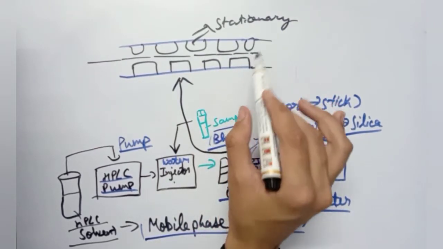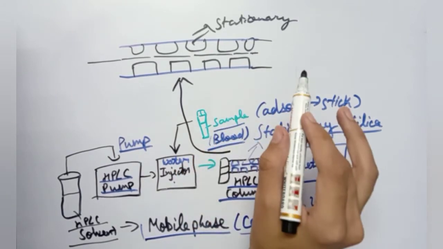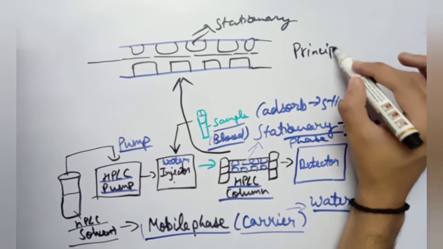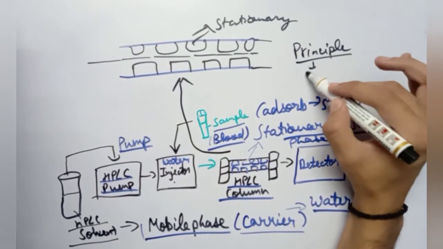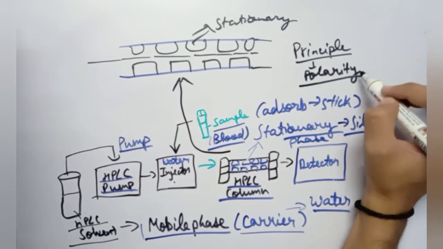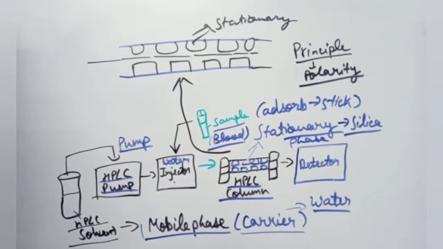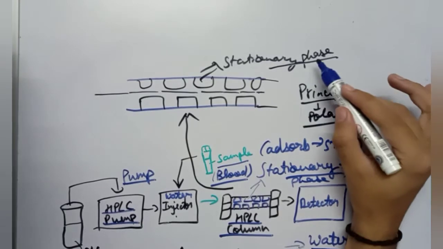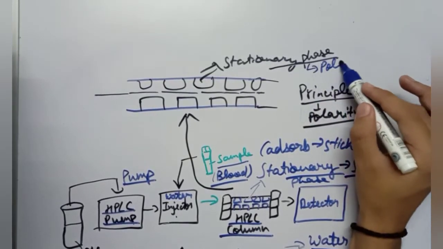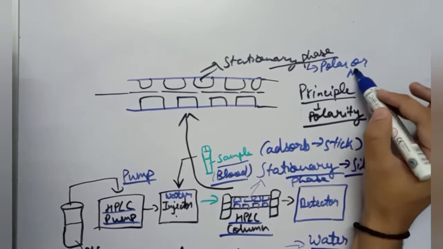And when the mobile phase from the injector enters this HPLC column, it goes through this stationary phase. I have told you earlier that the principle of separation in HPLC is polarity. The sole basis is polarity, or the attraction towards water. So in HPLC, we can take the stationary phase as polar or non-polar.